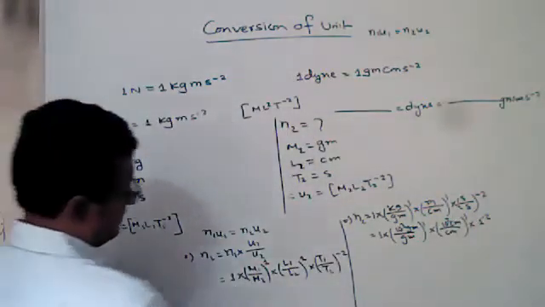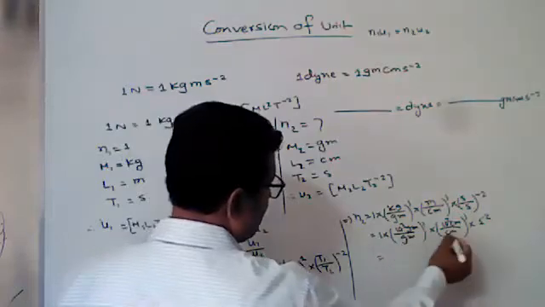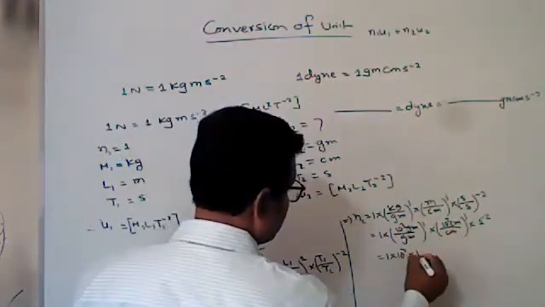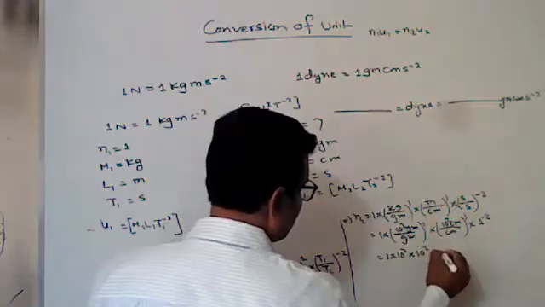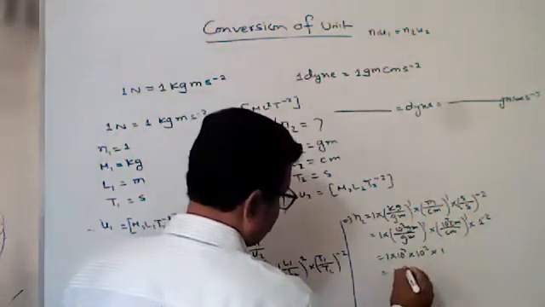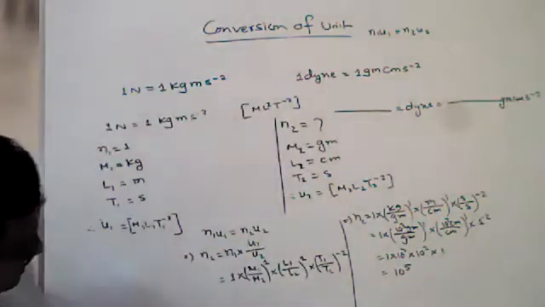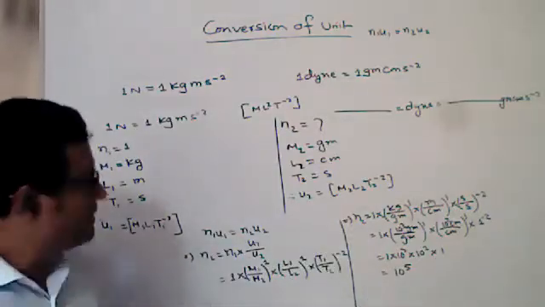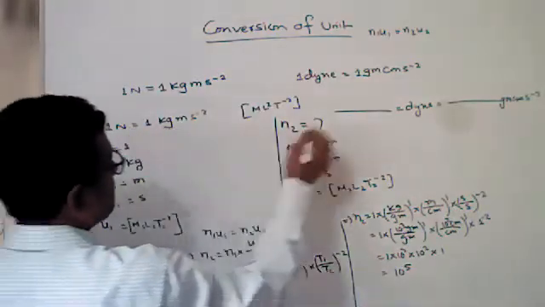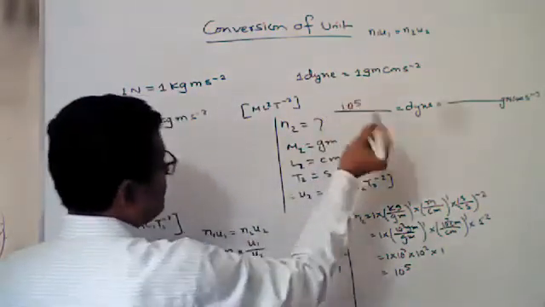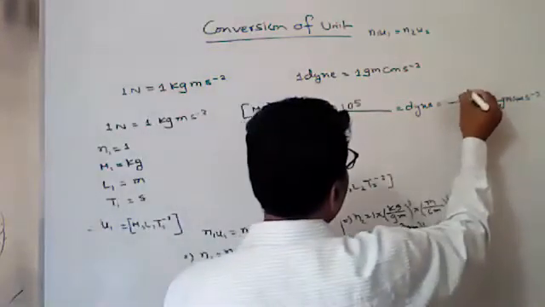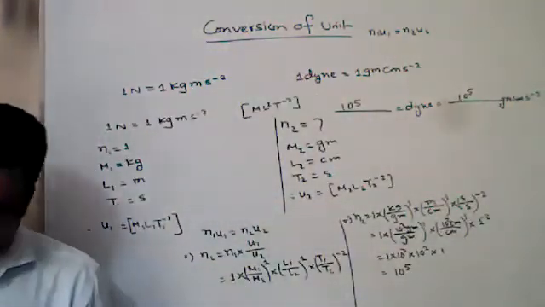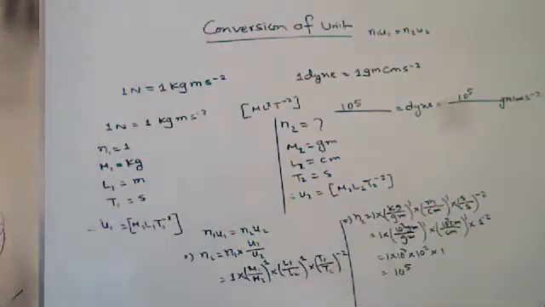This gives 10 cube into 10 square into 1, that means 10 to the power 5. So now we know the value of N2 equals 10 to the power 5. So 1 Newton equals 10 to the power 5 dyne, or 10 to the power 5 gram centimeter per second square. Understand?